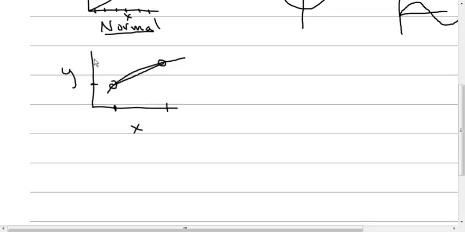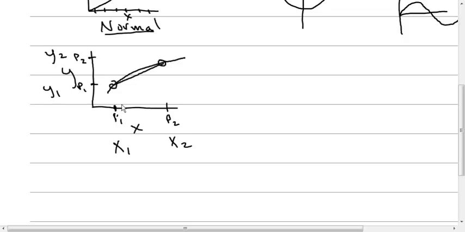Okay, so we've got these 2 points, and let's say this is point 1, point 2 on this axis, and so it corresponds over here, like this, and so we know what the values of x and y are. This is going to be x1, and this is x2, and this is y1 and y2.